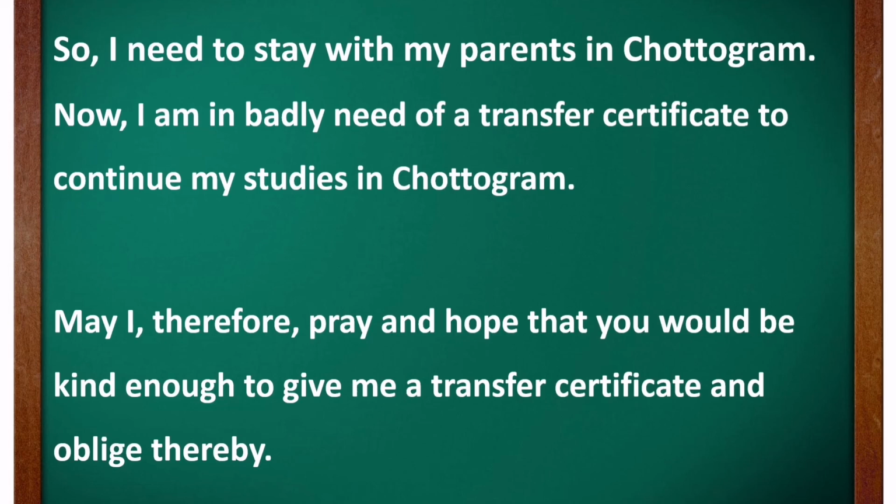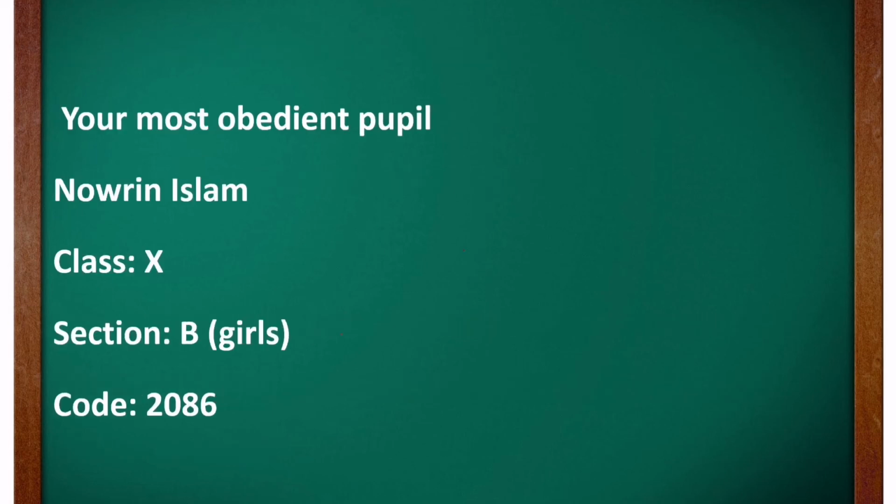Dear students, here you can see in the whole body and even in the subject I have used polite and sincere words. So you are also supposed to follow this. Now, the complimentary close and signature.